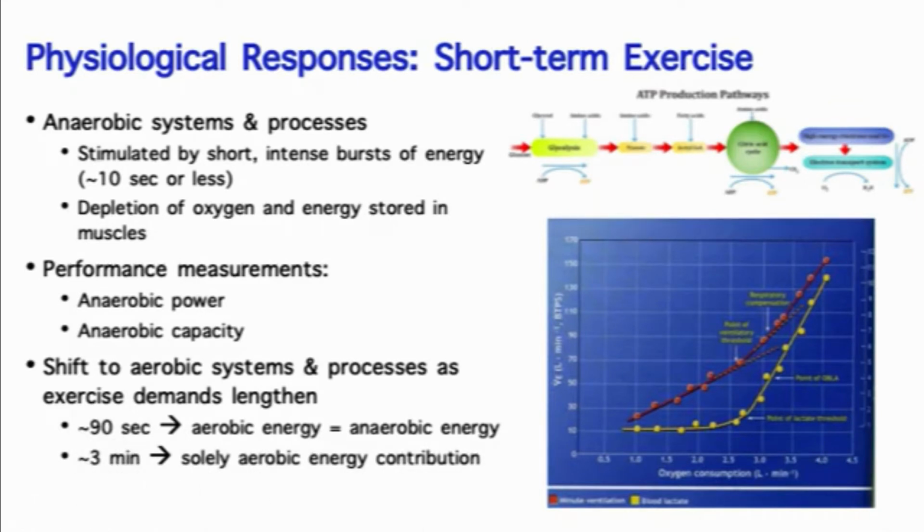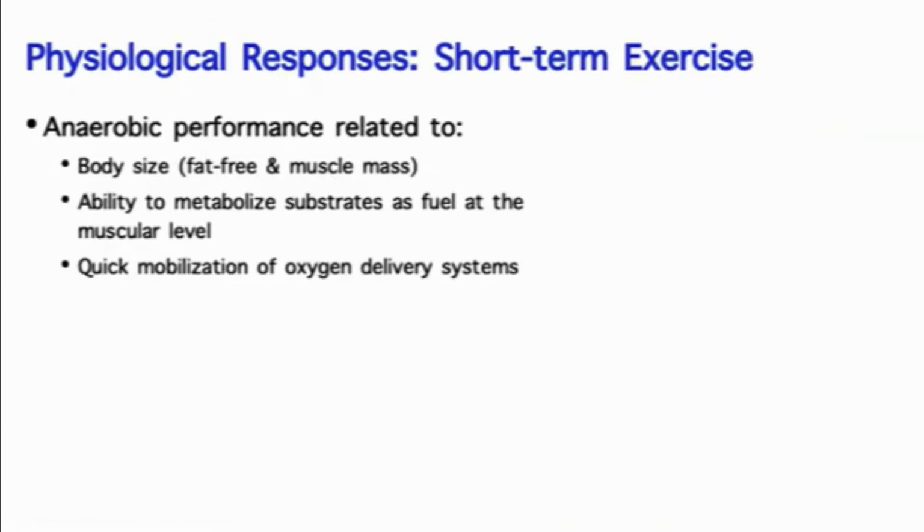processes or metabolic processes. Anaerobic performance is related to body size. So the amount of fat-free and muscle mass that you have, right? The more muscle mass somebody has, probably the better their anaerobic capacity is going to be, because they've got more muscle to carry out those different anaerobic processes.